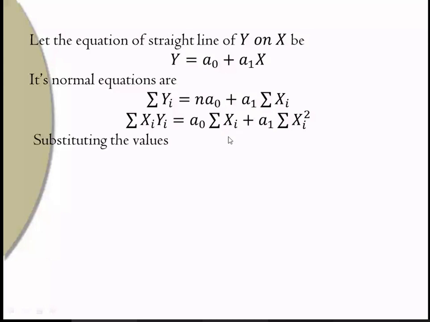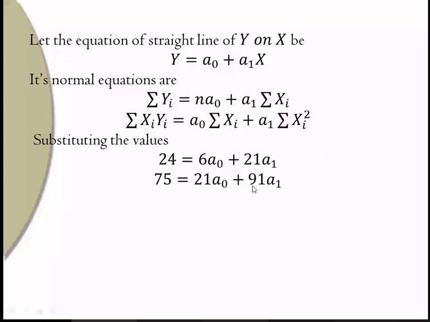Summation y is 24, n is 6, and summation xi is 21. So it becomes 24 is equal to 6a0 plus 21a1. Then summation xiyi is 75, a0 into summation xi is 21, summation xi square is 91 into a1.